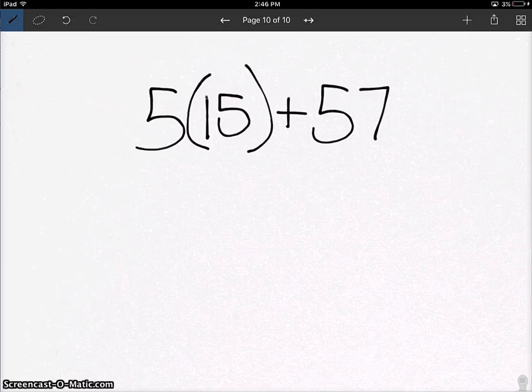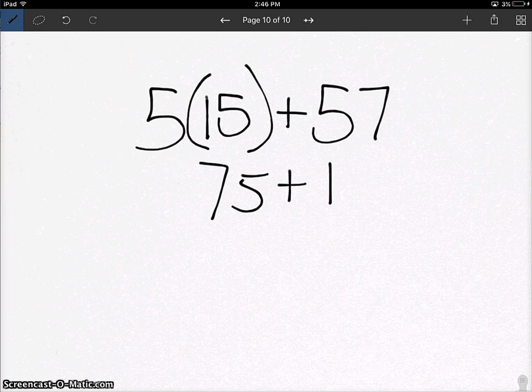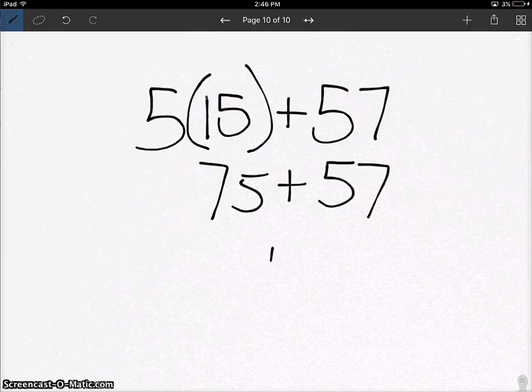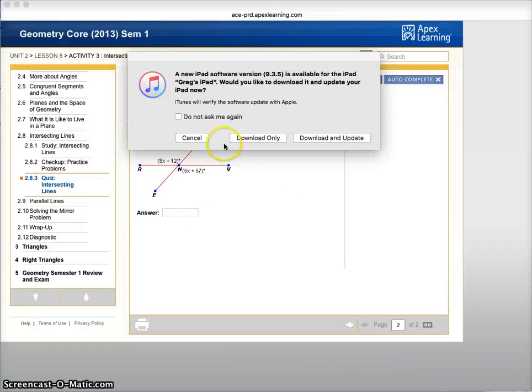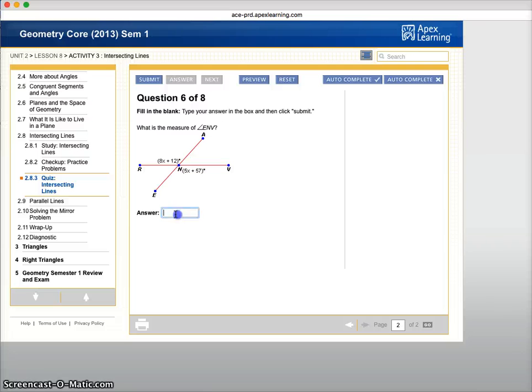So what I'm going to have then is 15 times 5, which is going to give me 75. And then I'm going to add that to my 57, and that's going to give me 132. So then I know this has got to equal 132.